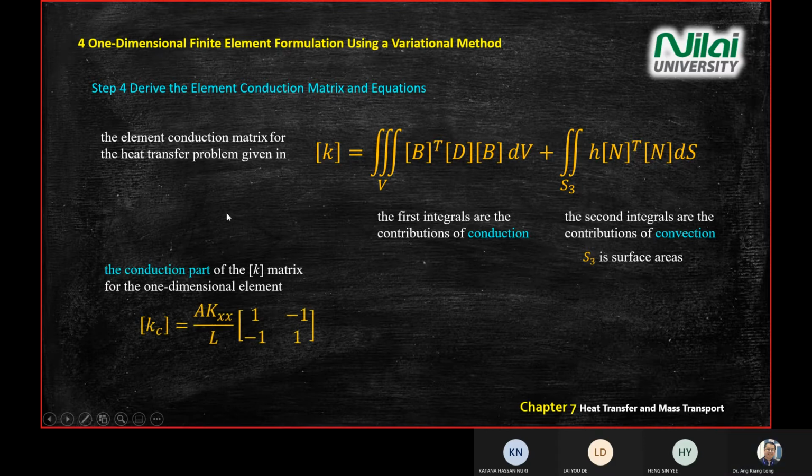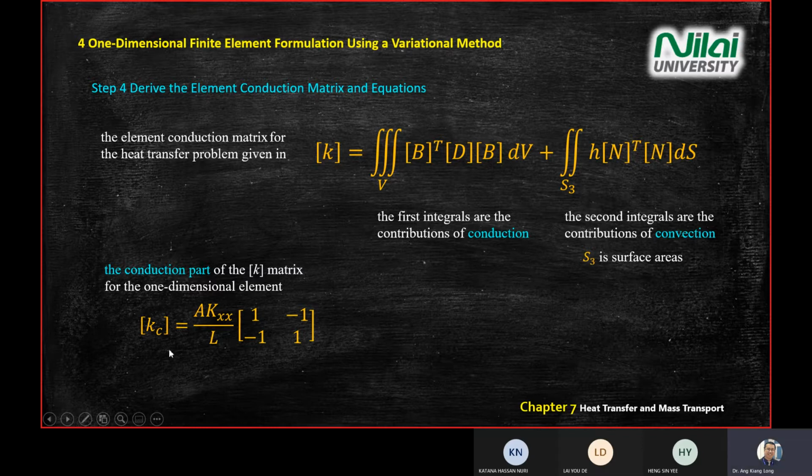So I extracted this from a textbook. For the conduction part, if you want to find your K matrix, you use this equation. K sub C means for a conduction scenario. K sub C equals A KXX divided by L times the matrix form [1, -1; -1, 1].